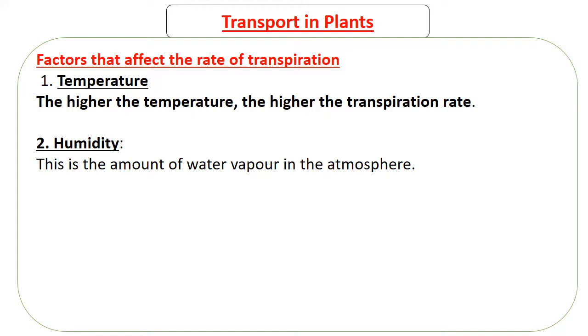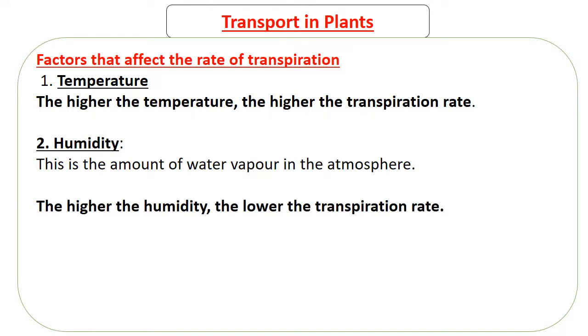This will affect diffusion, because diffusion involves movement from high concentration to lower concentration. So if in the leaves we don't have much water as compared to the water in the atmosphere, then it will be difficult for water to diffuse out of the leaves. So we can say the higher the humidity, the lower the transpiration rate.